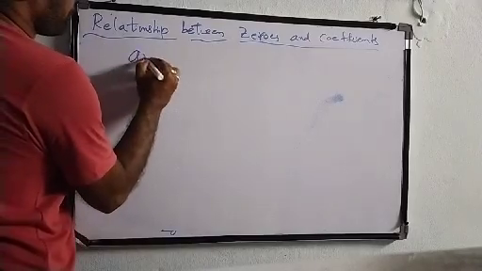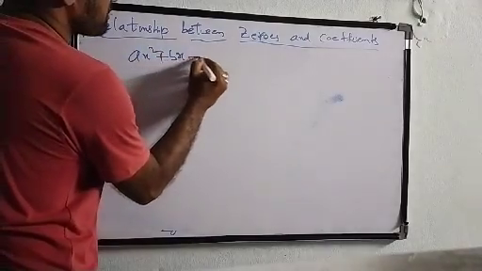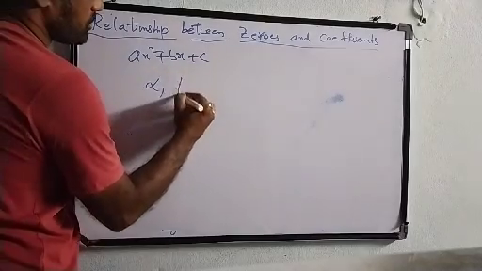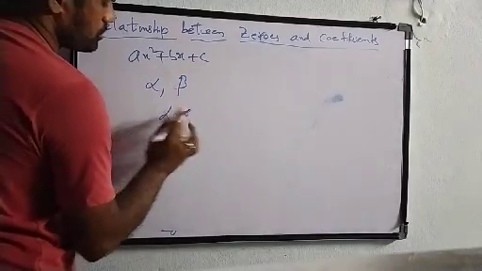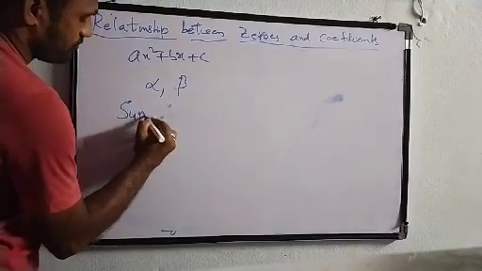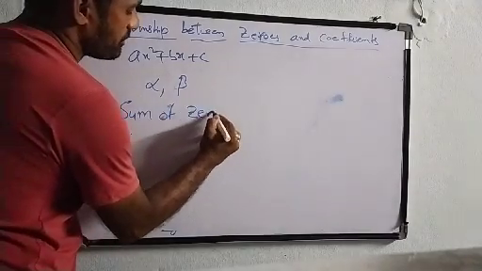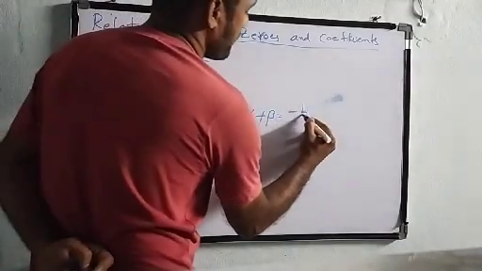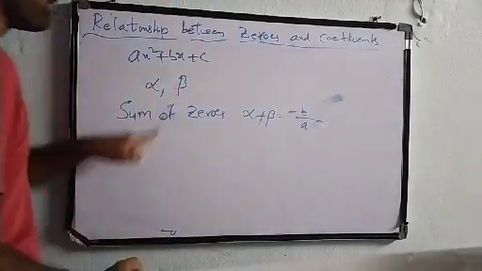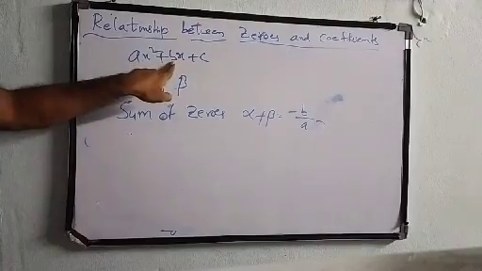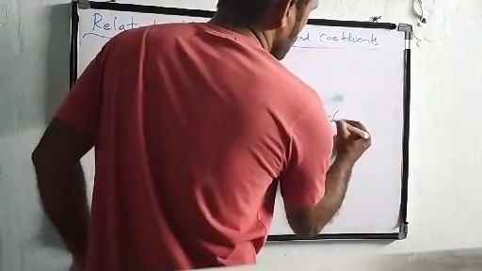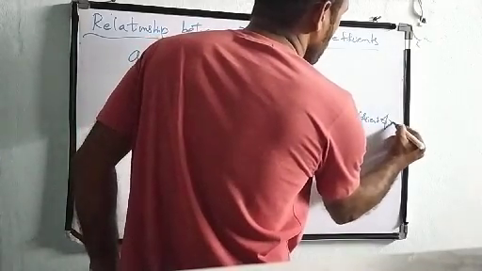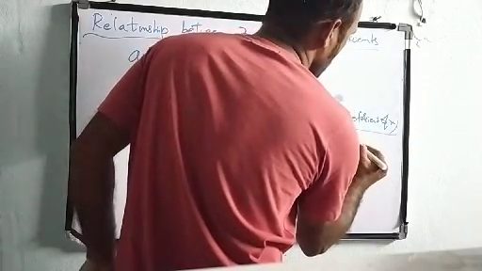For a quadratic polynomial ax square plus bx plus c, we are going to have two zeros. Let us assume that alpha is one zero and beta is another zero. So the sum of the zeros, alpha plus beta, is given as minus b by a, which is nothing but minus of coefficient of x by coefficient of x square.